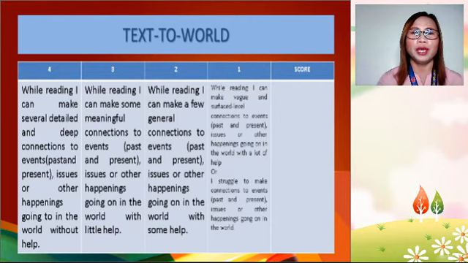And 1 point if, while reading, I can make a vague and surface level connection to events, past and present, issues or other happenings going on in the world with a lot of help. Or, I struggle to make connections to events, past and present, issues or other happenings going on in the world.